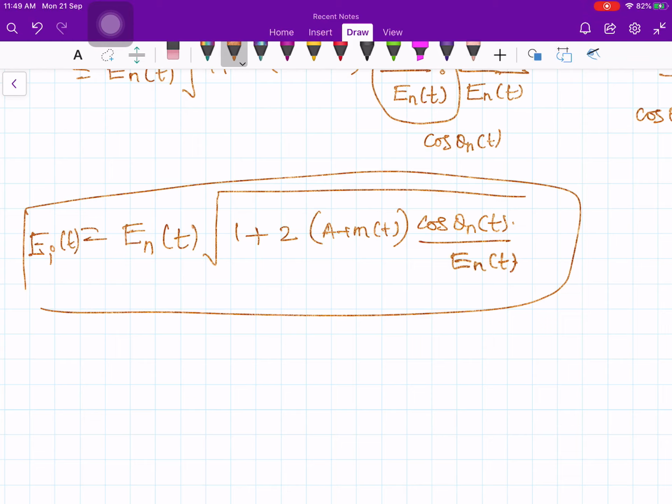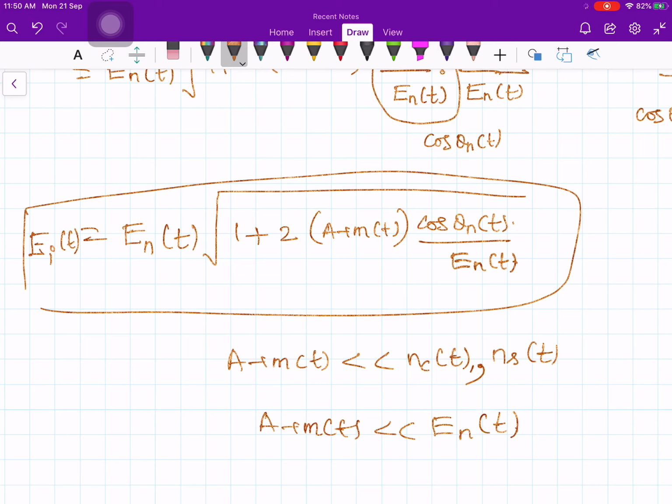Once again we can use the approximation here. What is the approximation? We said a plus m of t is much less than nc of t, ns of t, I mean a plus m of t is much less than your envelope En of t. So once again use the approximation using the binomial theorem.